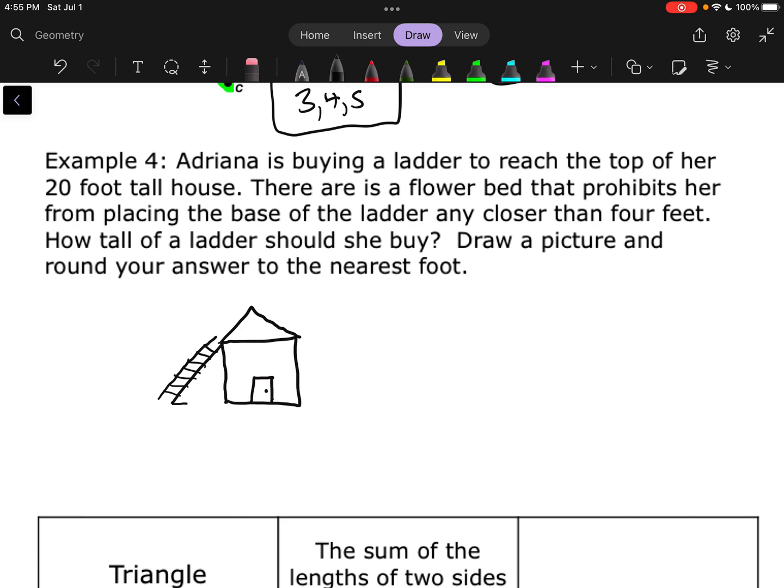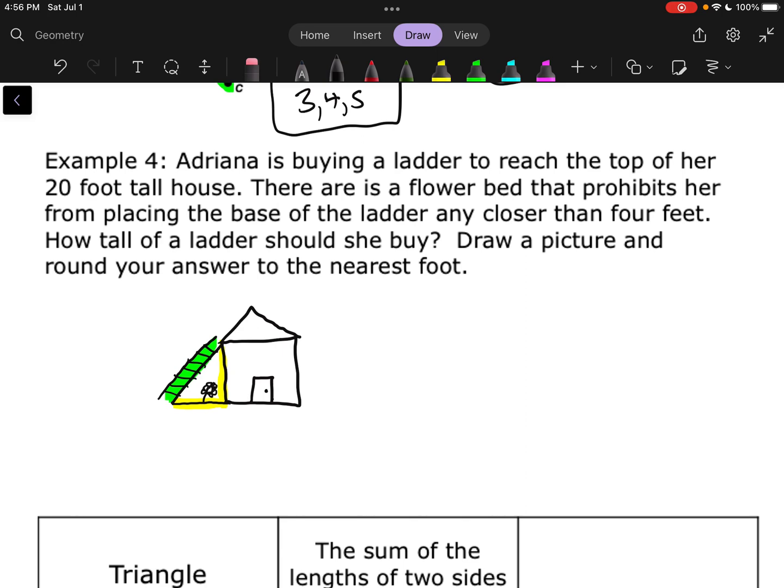So our flower bed's right here. It's a really bad flower, but hopefully you see what I'm talking about there. And what we end up with here is a right triangle where the hypotenuse is our ladder, and the house and the flower bed are the legs. That's kind of what we're dealing with here.